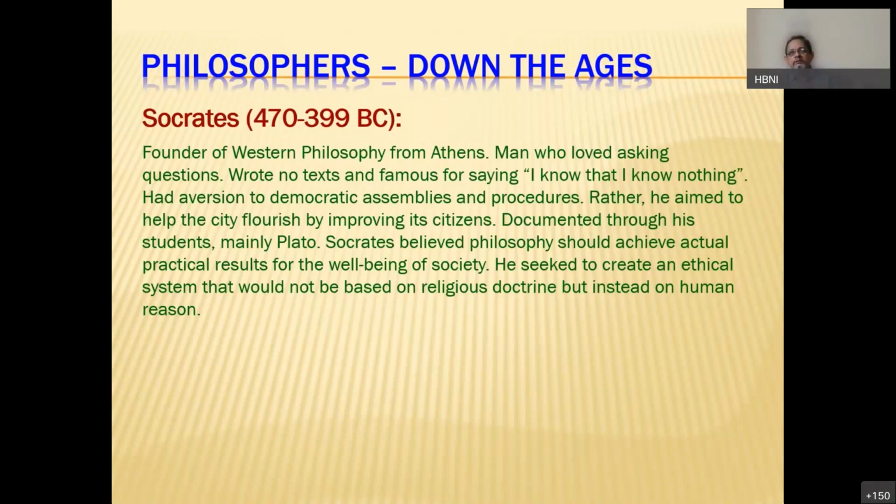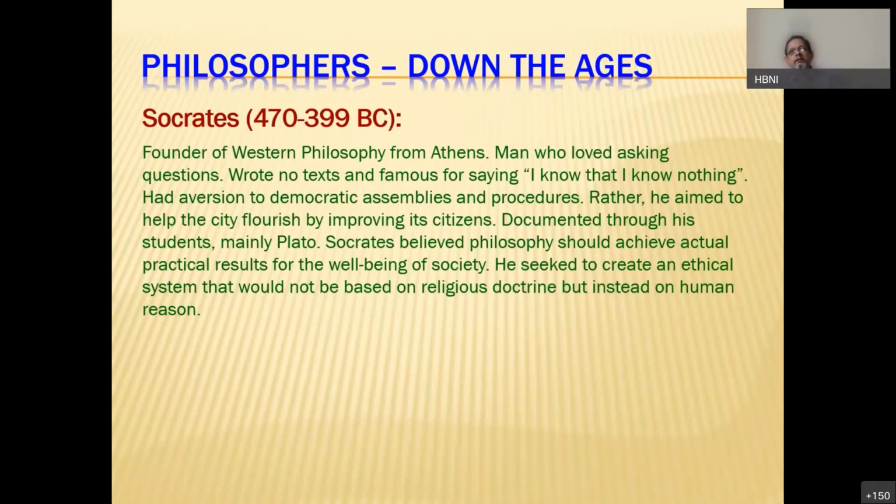So Socrates never wrote anything. He was totally paperless, I would say. Okay. So his teachings have been documented mainly by his student Plato. And Socrates believed that philosophy should actually achieve practical results for the well-being of society.